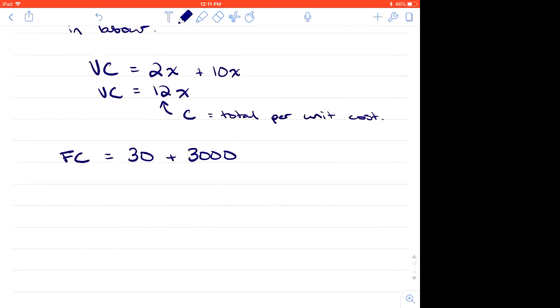It's actually pretty rare that our fixed costs and our variable costs only come from one source. We have materials, we have labor, we have things like advertising costs and rent. So we need to divvy those up into fixed costs and variable costs. So our fixed costs then are $3,030.